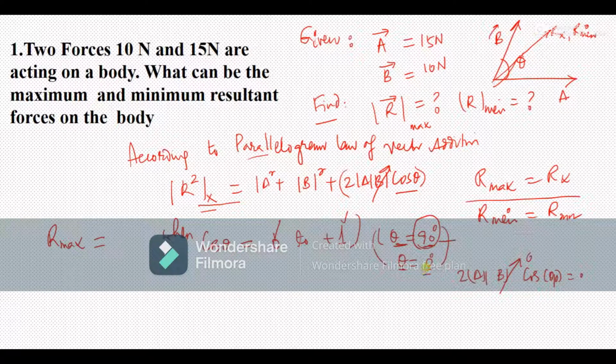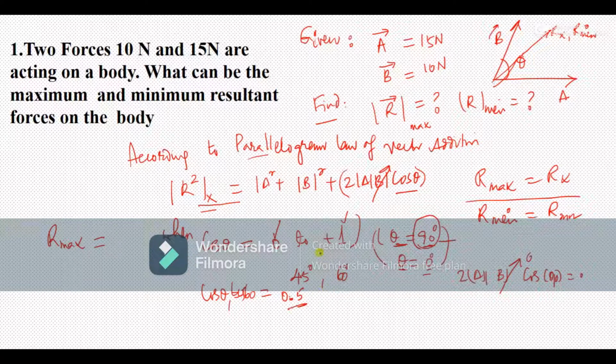Suppose we use some angle in between, for example, theta equal to 60 degrees. So cos 60 will be how much? I am assuming it is 0.5, not very sure.